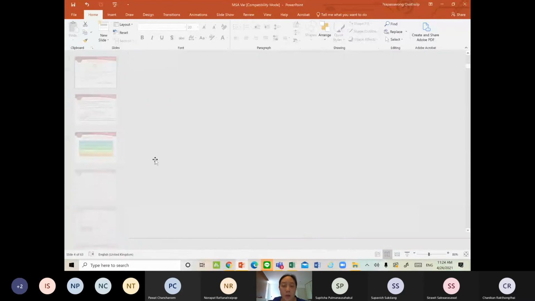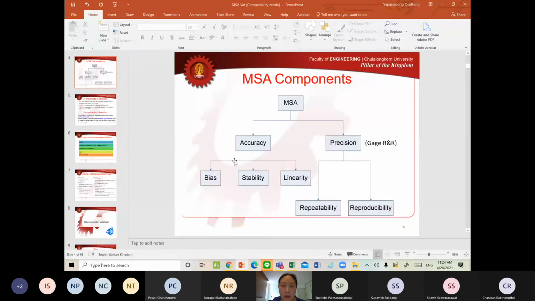So now we have learned about accuracy appraisal, and we took a look at the details of how we appraise linearity and bias for each reference value. We can do these two analyses at the same time using Minitab. For stability, we have to do it separately using control charts.